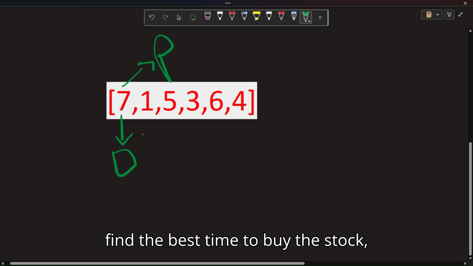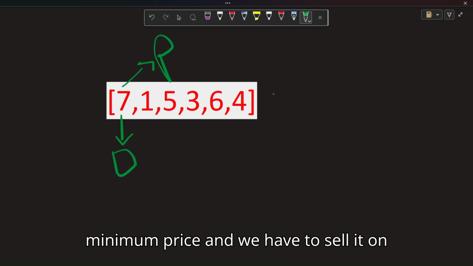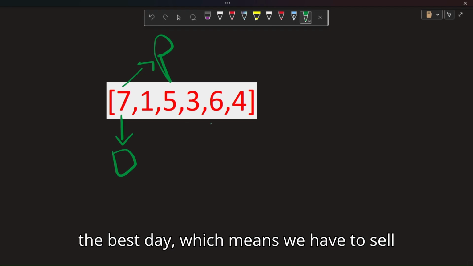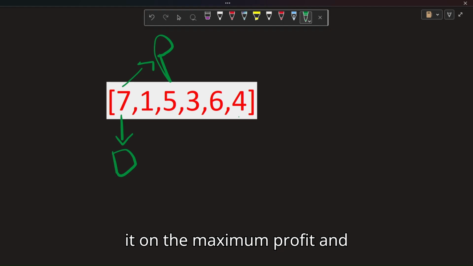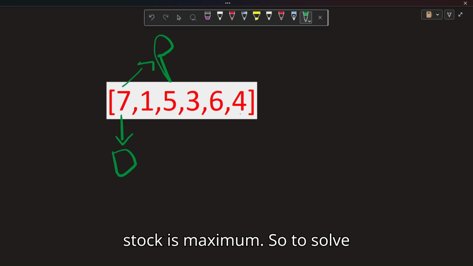We have to find the best time to buy the stock, which means we have to buy the stock at the minimum price, and we have to sell it on the best day, which means when the price of that stock is maximum.